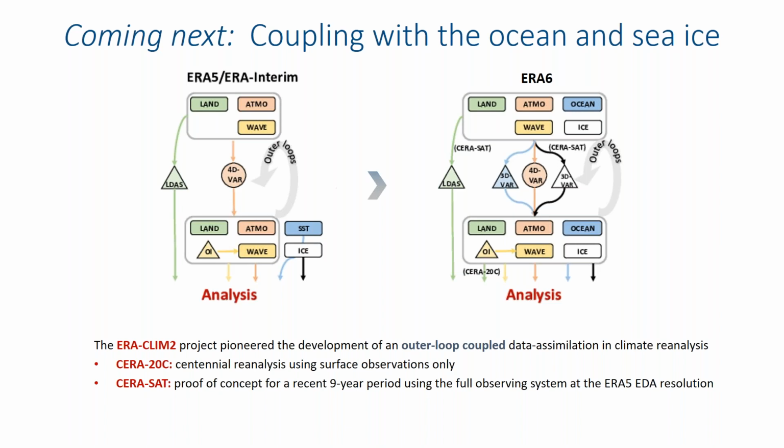So if you iterate that idea, so the outer loop is always using a fully coupled model, then the impact of observations in any of the components in the ocean or in the atmosphere are transferred through the coupled model to the other components. And the key thing here is that the final analysis is the output of the coupled model.